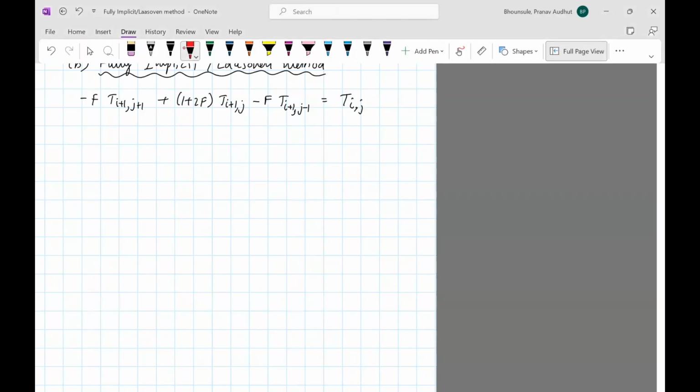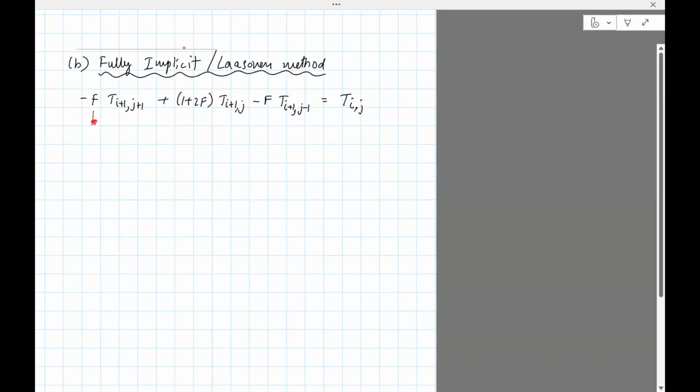Yes, it'll just make life easy if I just substitute f here. f is 0.32, and 1 plus 2f will be 1 plus 2 times 0.32, so that will be 1.64.